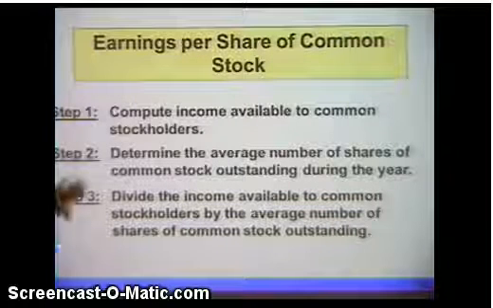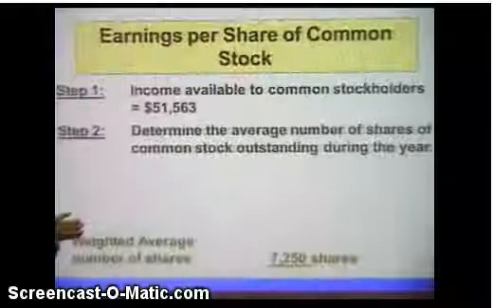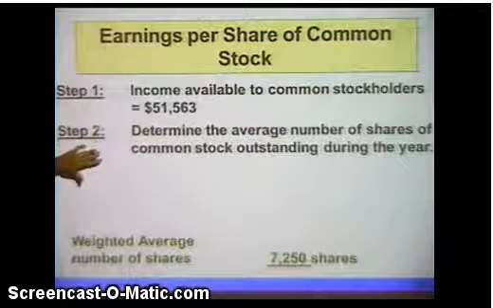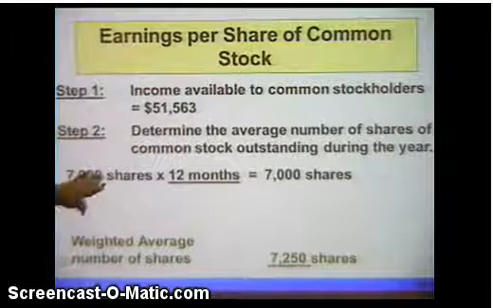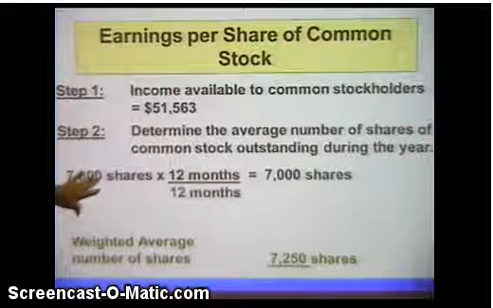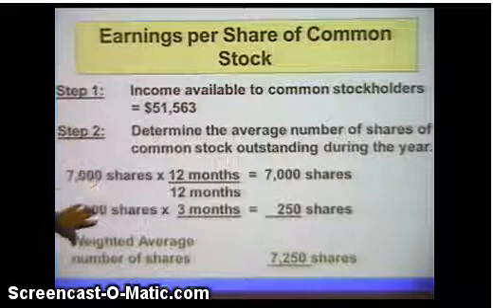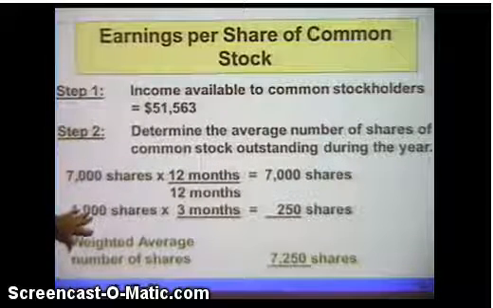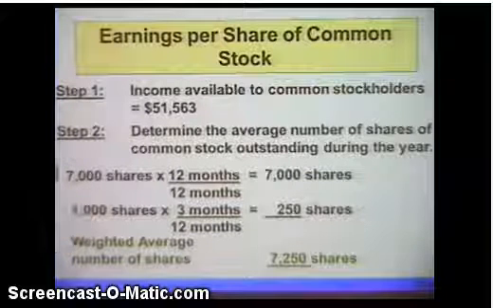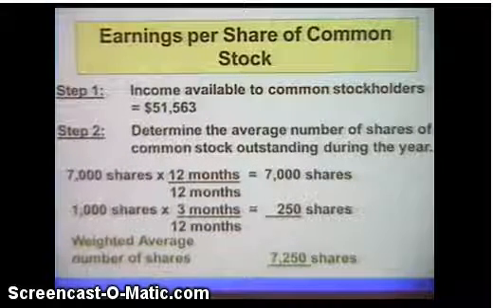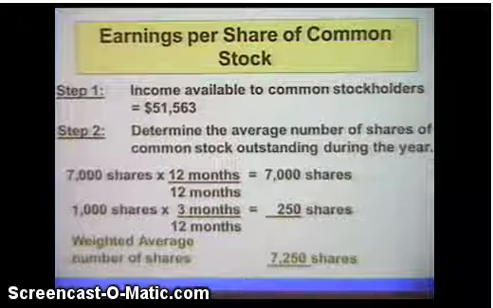Okay, we've done these 3 steps. Here's our income available. 7,000 shares were out for this particular company for 12 months, right? And then we had 1,000 shares out for 3 months, which gives us 250 shares for the year to use in this calculation, right?